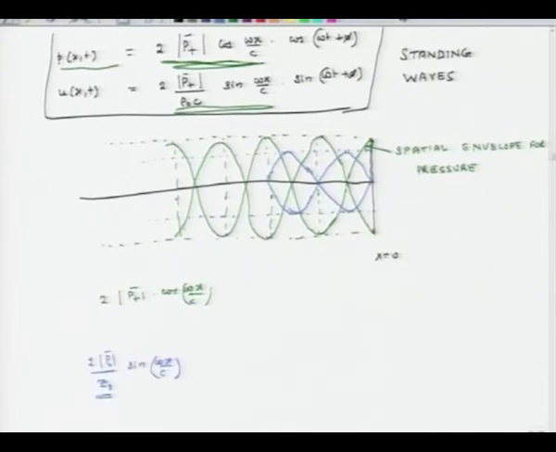And I can keep on extending it backwards as x grows on the negative side.